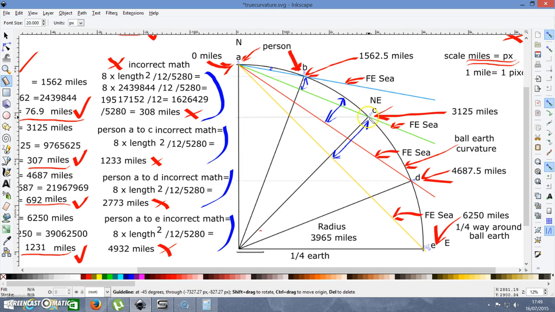And because this is a model where every pixel measures a mile, by measuring these distances I'll be able to see exactly what the miles of curvature is using the model, and then I'll be able to see which maths is correct to give us the closest result to this figure. So basically what corresponds to one or the other.